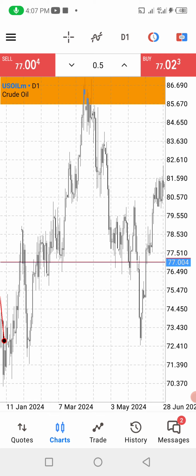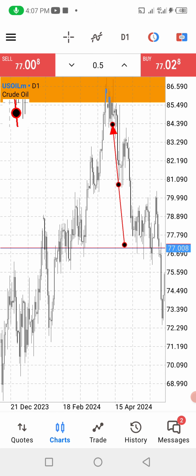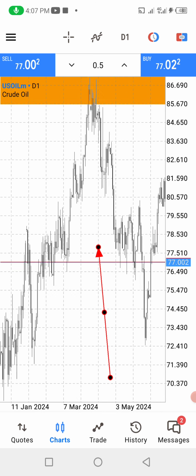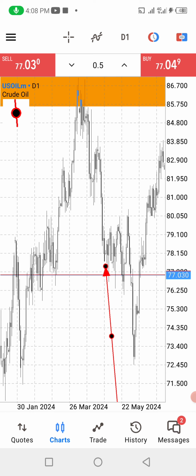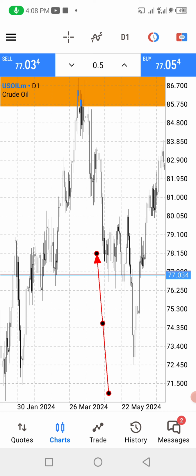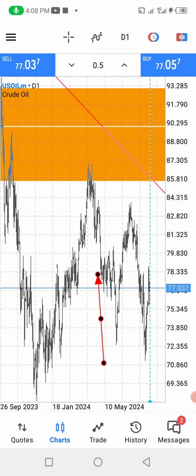You see the signal from the resistance, it goes down and goes up, goes down again, goes up, goes down. It creates a downtrend first and an uptrend, and then an impulsive downtrend. That's the sequence. Then uptrend and then impulsive downtrend. So you have to understand these things.